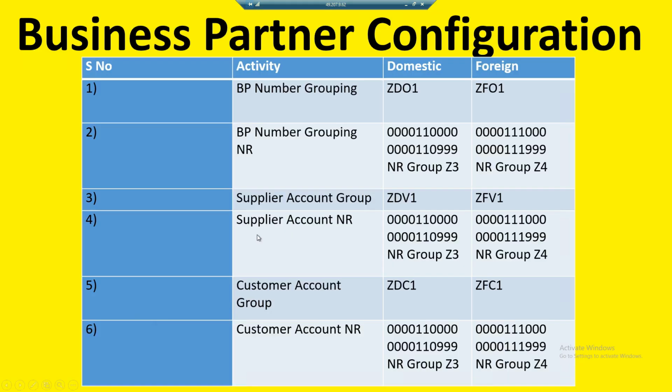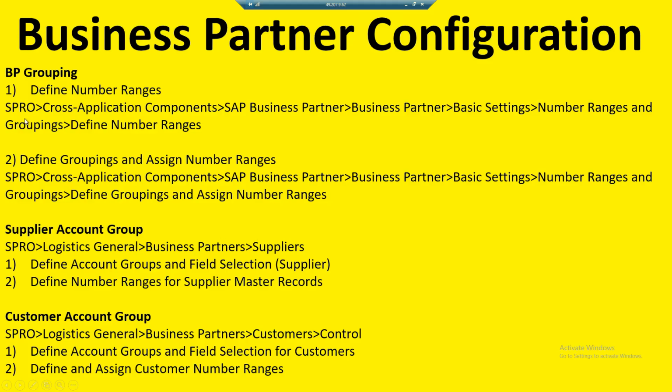So what we have done till now is we defined BP grouping. We have defined number ranges for BP grouping. We assigned the number ranges for the defined BP grouping. Now supplier account group also, we defined 2 account groups for supplier.